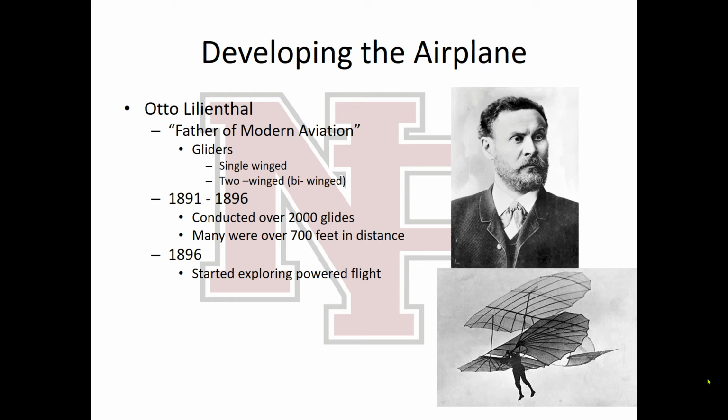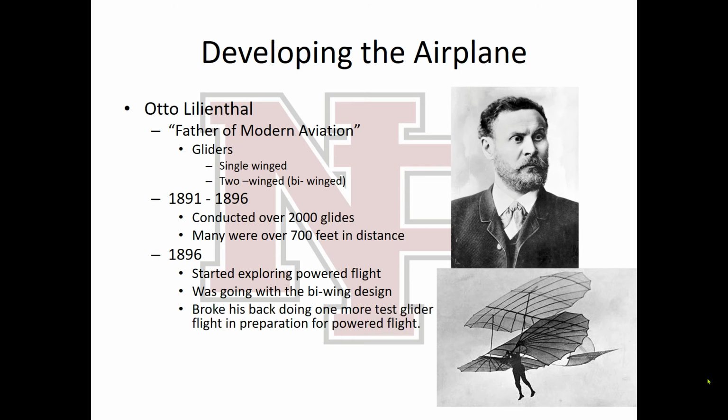He was really focused on doing it with the bi-wing design. Having two wings creating twice as much lift is probably going to be his best chance, especially when you add the weight of a motor and a person on there. It's going to be a little bit heavier. You want to create more lift, so you have more wing space. So he was experimenting with putting on the bi-wing design.